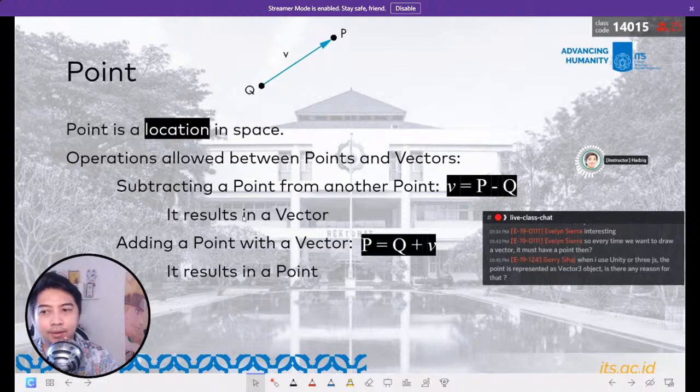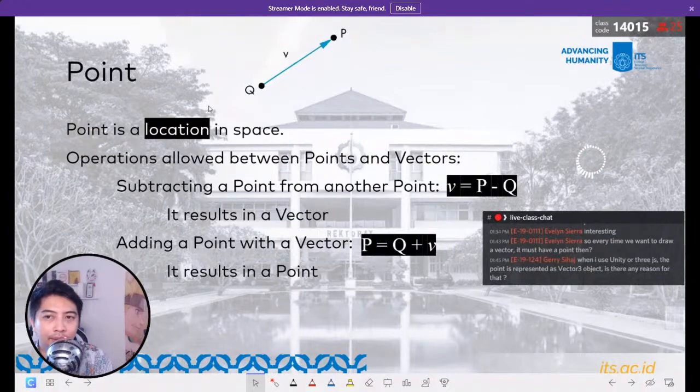Antara titik dan vektor itu dimungkinkan untuk dilakukan 2 operasi. Yang pertama pengurangan titik dengan titik itu menghasilkan vektor. Kalau sebuah titik ditambahkan dengan vektor akan menghasilkan titik yang lain. Kebayang ya? Gampang banget kok bayangnya.